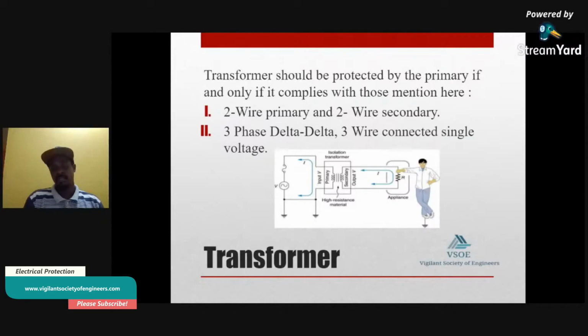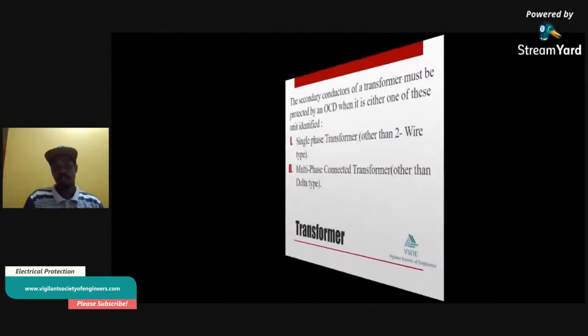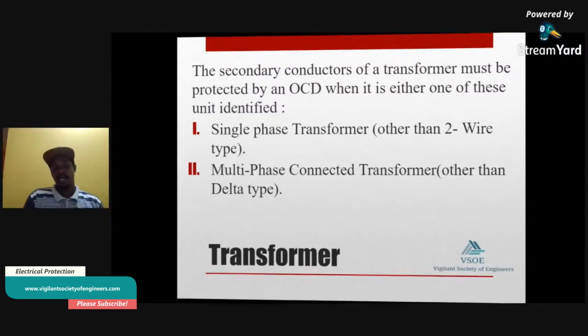So if you can take a little step back so you can understand what I'm talking about, right? So for the secondary protection, you need a single-phase transformer or a multi-phase transformer, right? This is not the 2-wire type, not the delta type, right?